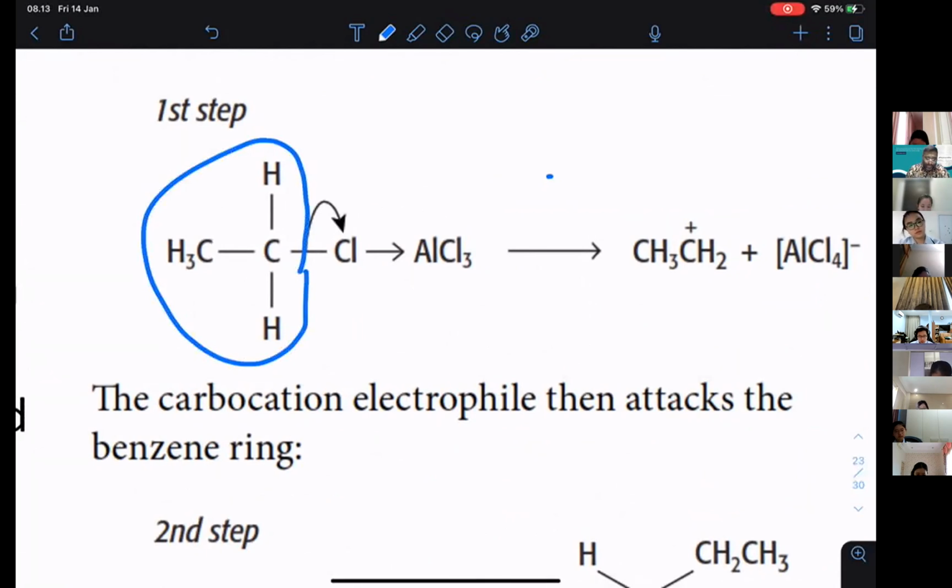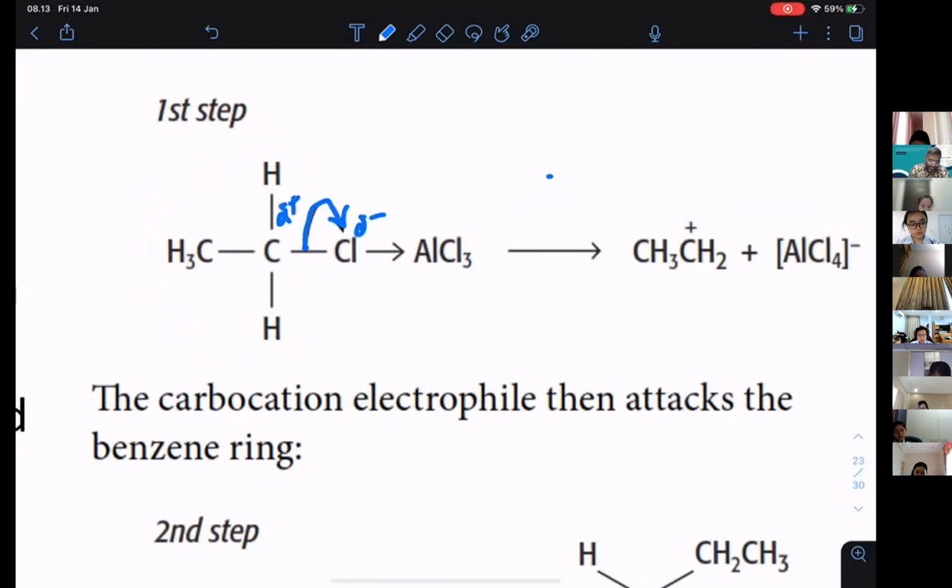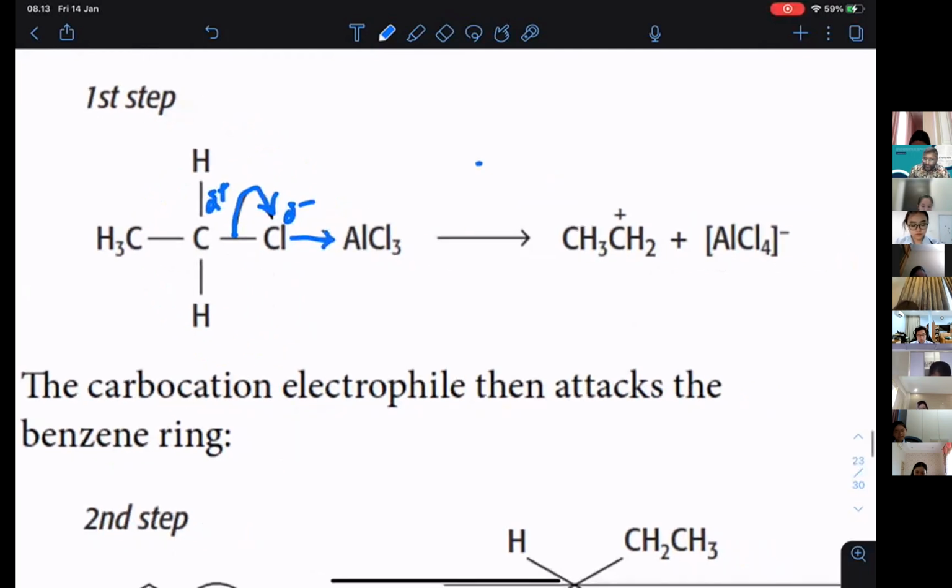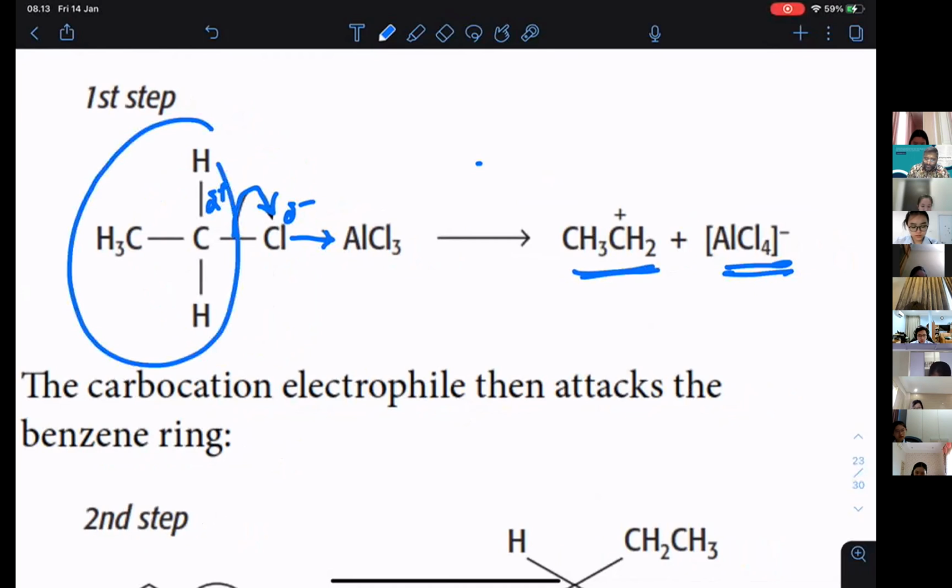You need to show the electron will go here, this is delta negative, delta positive, and they will form AlCl4 minus, and this entire thing is going to be known as the electrophile.